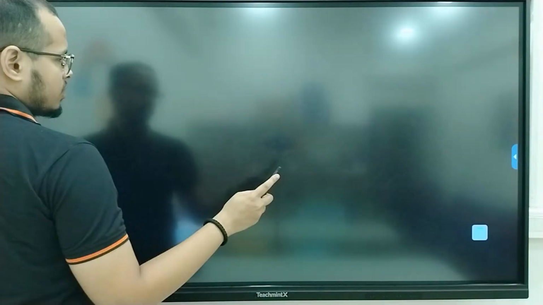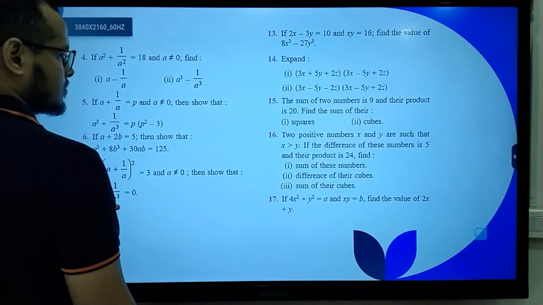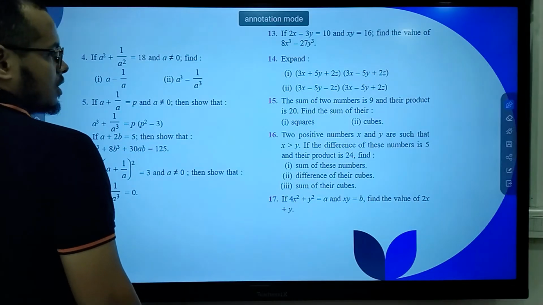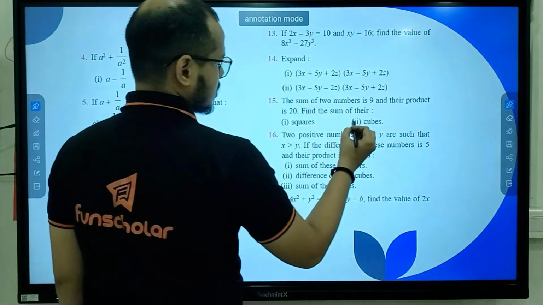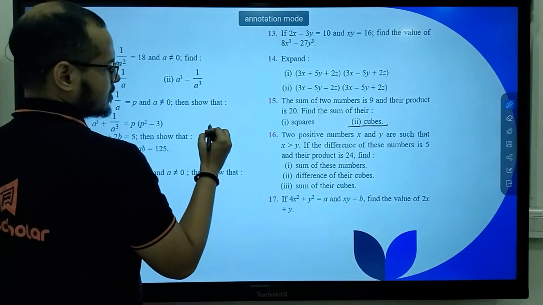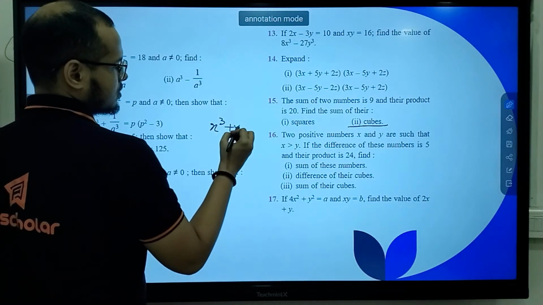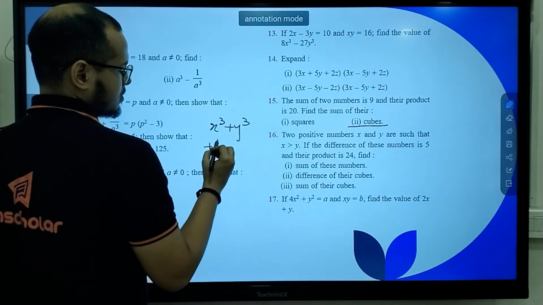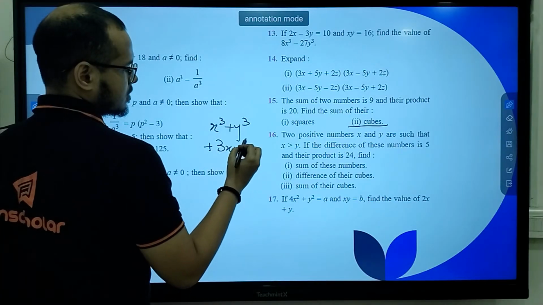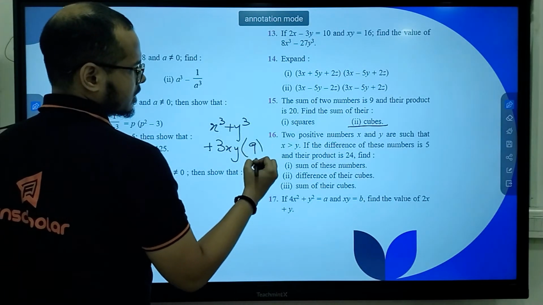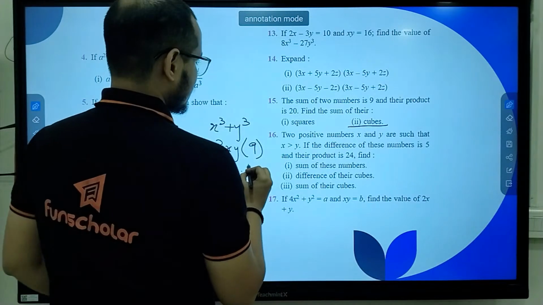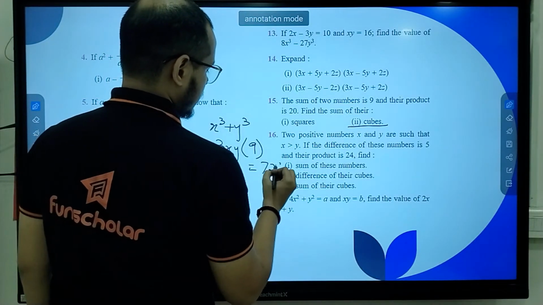This problem is getting on my nerves now. Okay. So let me do the cubes again. So x cube plus y cube plus 3xy into x plus y, already given as 9, is equal to 729.